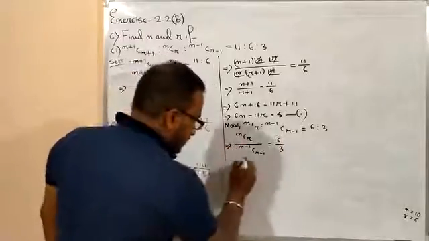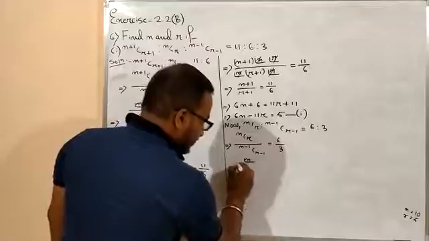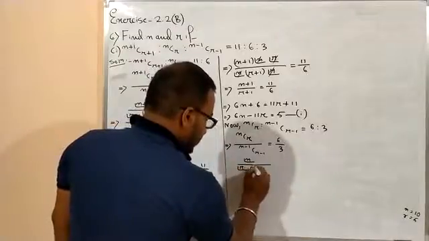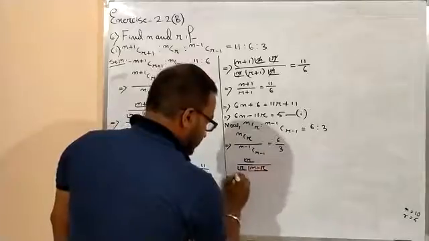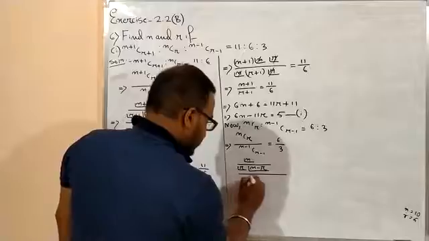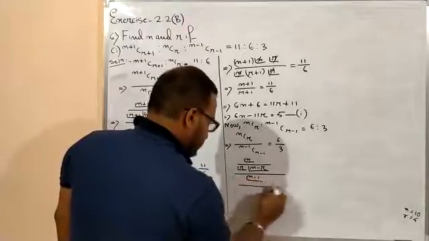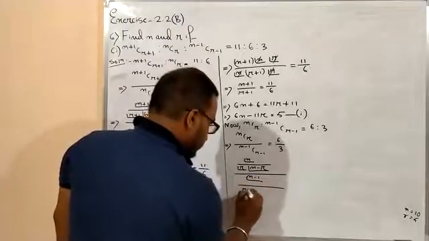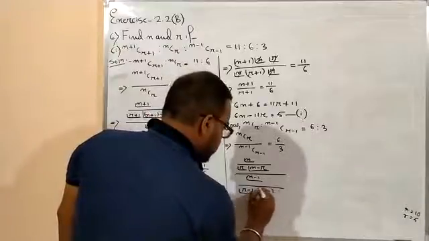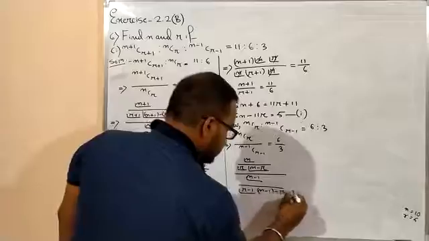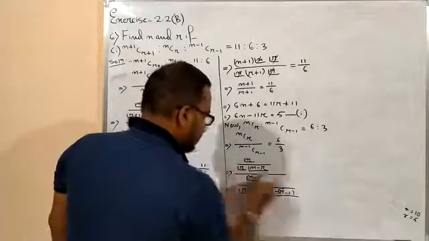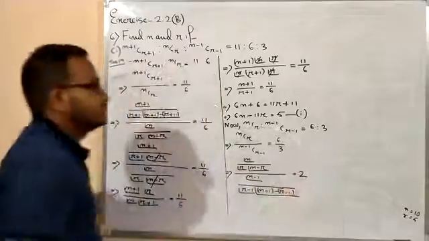Now it is factorial n by factorial r into factorial n minus r, whole thing divided by factorial n minus 1 by factorial r minus 1 into factorial n minus 1 minus r minus 1, which is factorial n minus r. It will be 2, right?